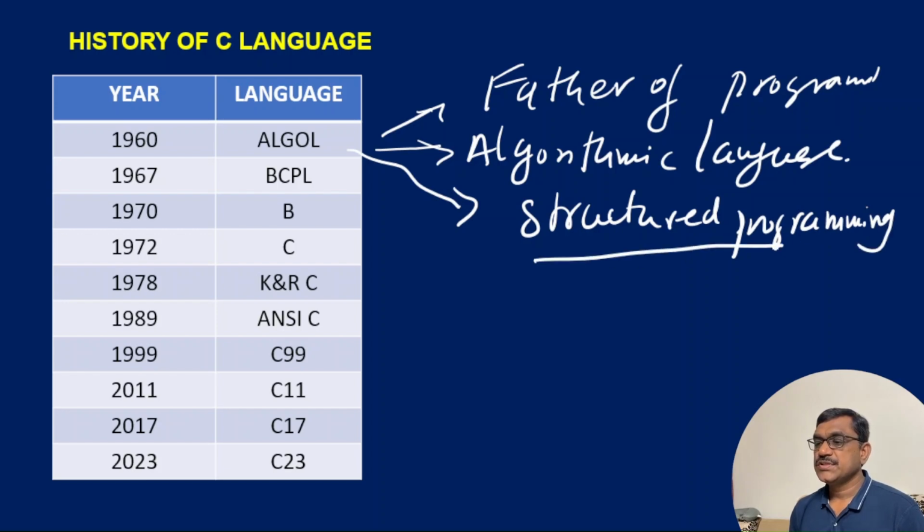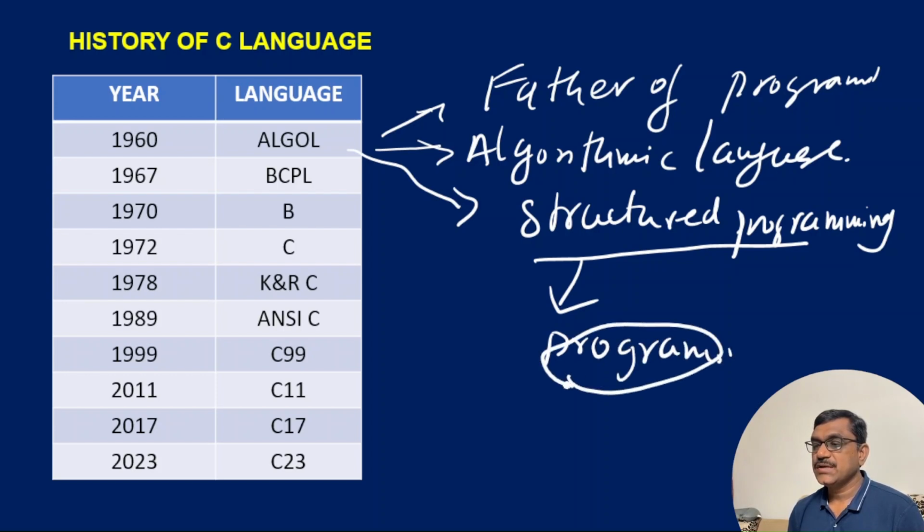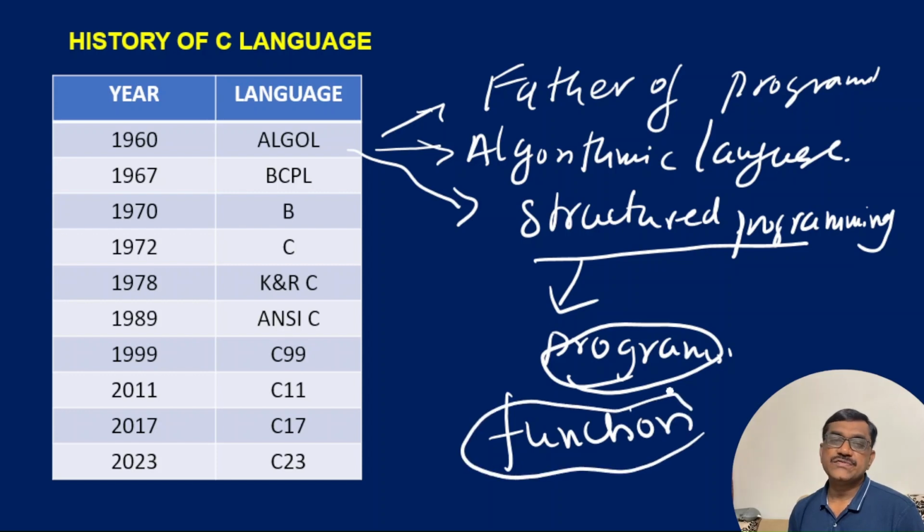What do you mean by structured programming? Structured programming means we divide the entire program into basic fundamental blocks known as functions. That means the entire program is divided into modules or functions or procedures.